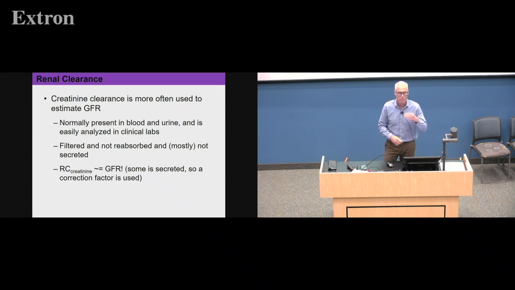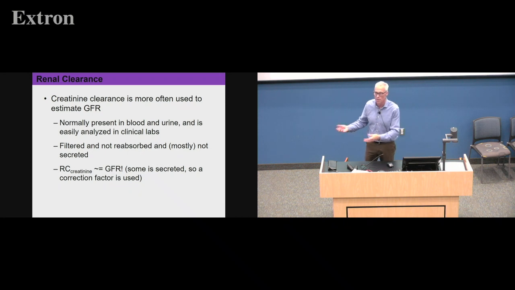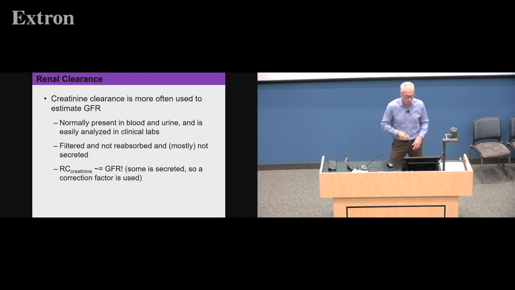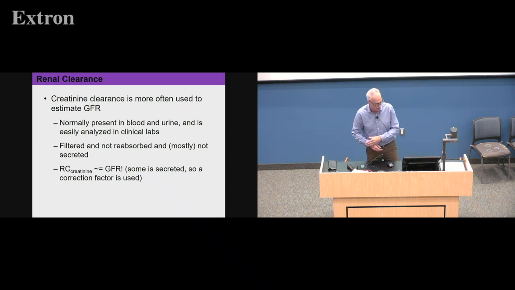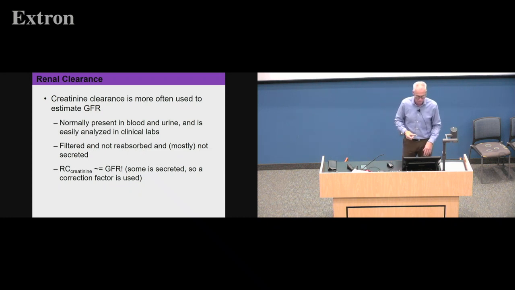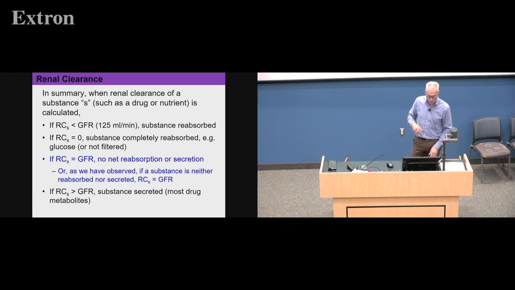So again, if we know the plasma concentration of creatinine and the urine concentration of creatinine, and the clinical labs always check that when they do a panel of analysis of blood. They'll throw that in there and we'll send them a urine sample. Boom, we can measure GFR. There is a correction factor when you're using creatinine because about 10% of creatinine is secreted into the filtrate as the blood passes through the kidney, so we need to make a little correction, but we can find the GFR very easily, and now we can find out if the kidneys are doing okay or not.